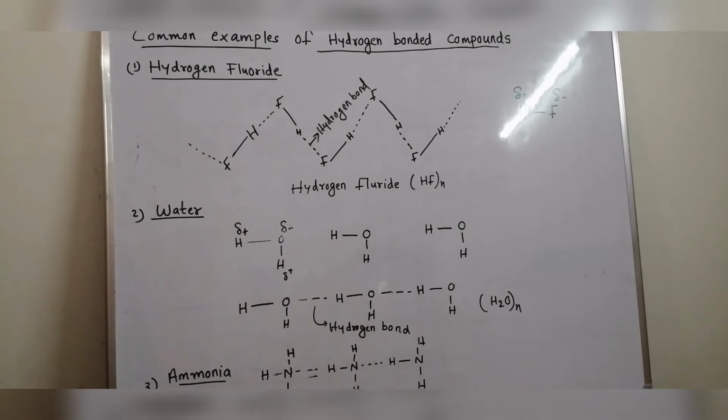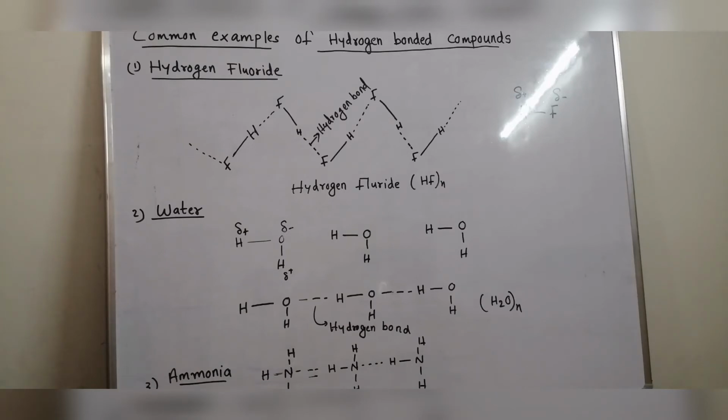Some common examples of hydrogen bonded compounds are hydrogen fluoride, water and ammonia molecule. In hydrogen fluoride, fluorine is highly electronegative and hydrogen is electropositive. There is a large difference in electronegativity values, and because of this there is charge formation.